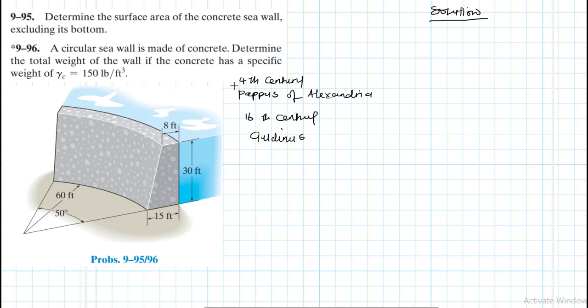And so the two developed the theorems, which I think are the foundation of the formulas that we see right now for defining the surface area as well as the volume of any object. The theorems are expressed as follows: the total surface area of an object is equal to theta, the angle in radians, times the summation of the product of r curled by the length.